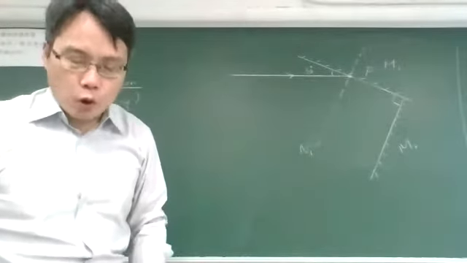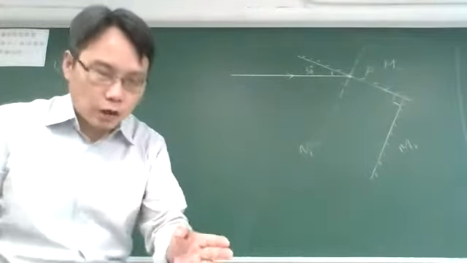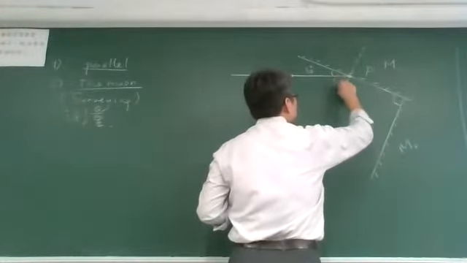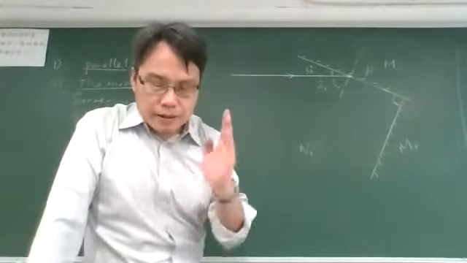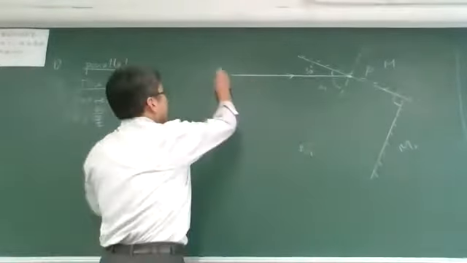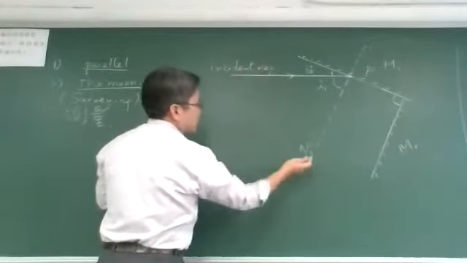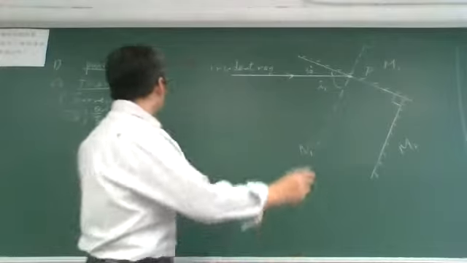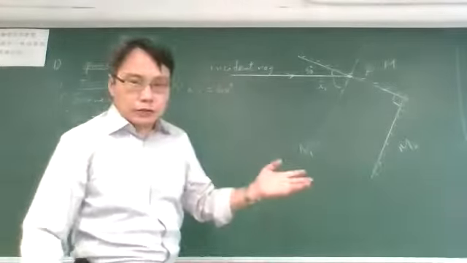And by drawing the normal, we can find out the angle of incidence now, which is not 30 degrees, but this angle. The angle of incidence is defined as the angle between the incident ray and the normal. So this is I1, and this should be 60, right?